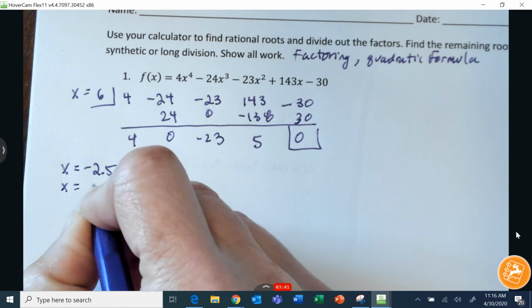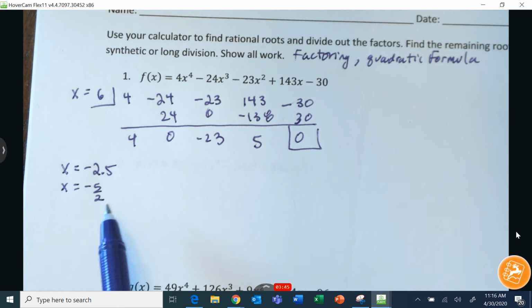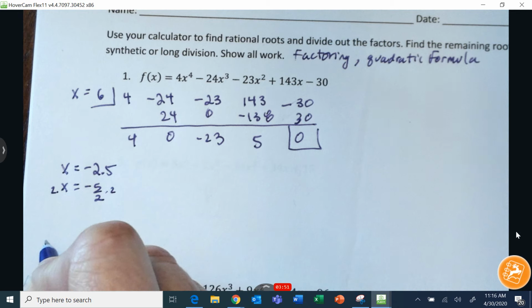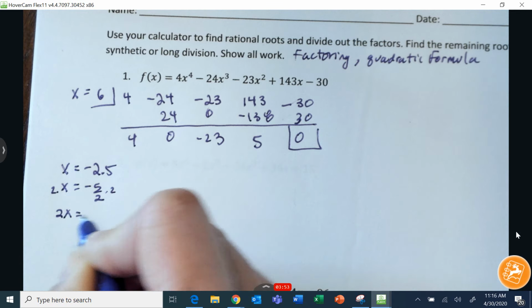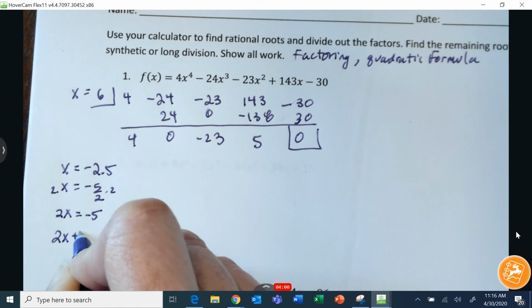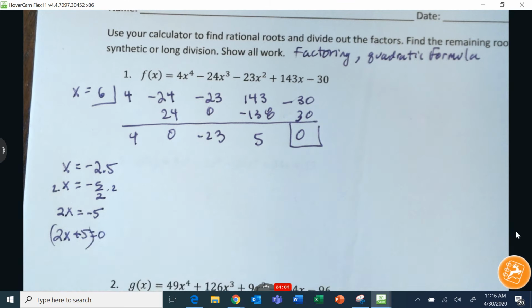So I'm going to change it into -5/2. But again, we don't use fractions when we factor either, so we're going to have to multiply both sides by 2. 2x equals -5, and then add the 5, so 2x plus 5 equals 0. So here would be our factor.